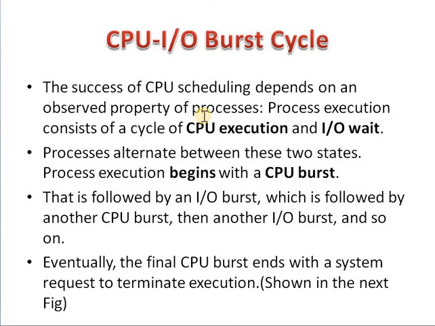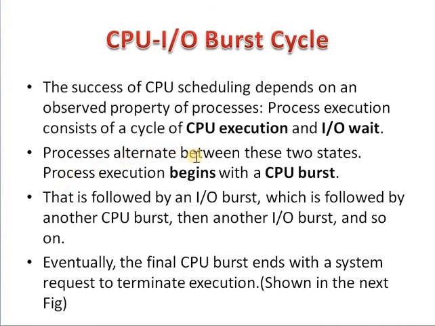That means whenever any process is executed in the operating system, that process execution consists of two parts: CPU execution and the I/O wait. Every process execution cycle consists of CPU execution and I/O wait.